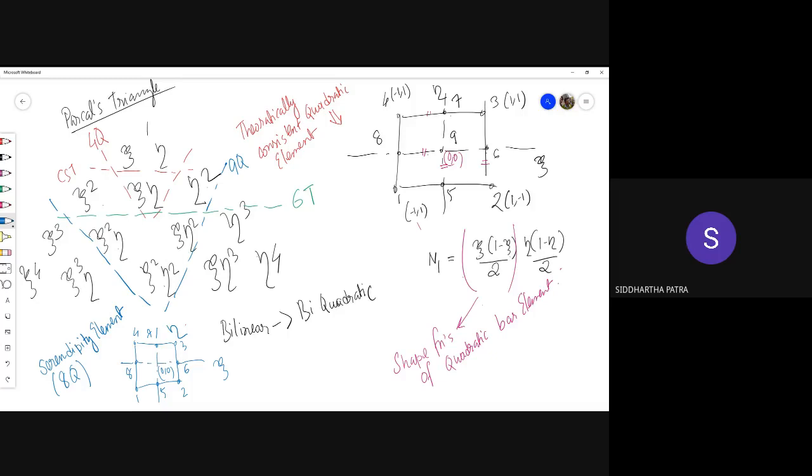The general set of terms in the polynomial should be exactly the same.